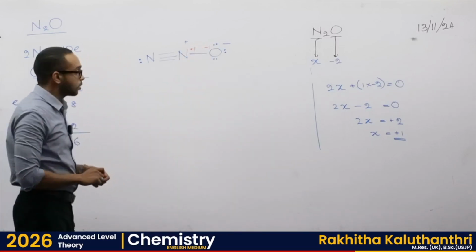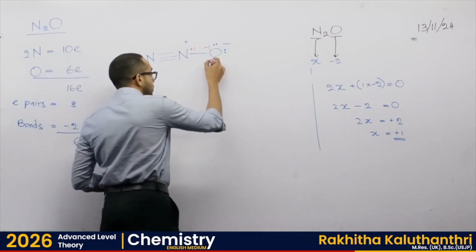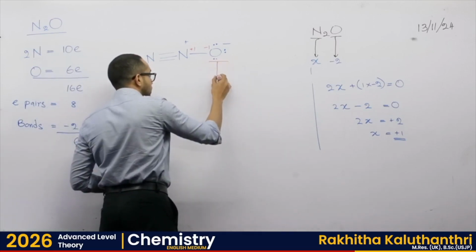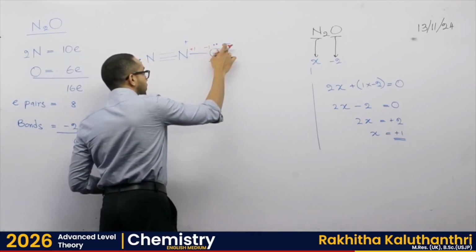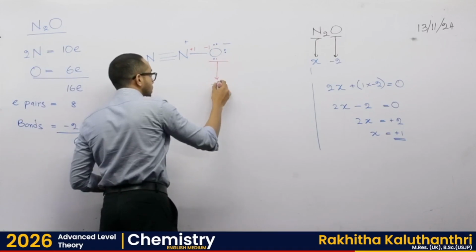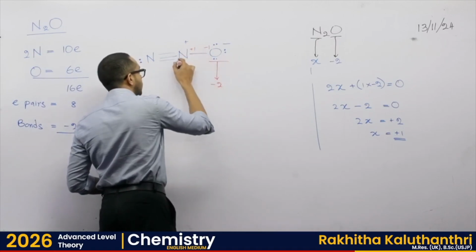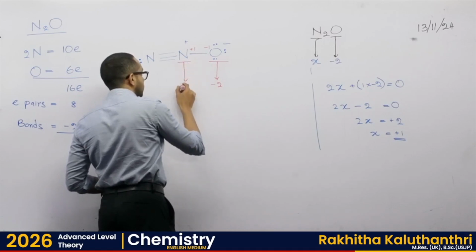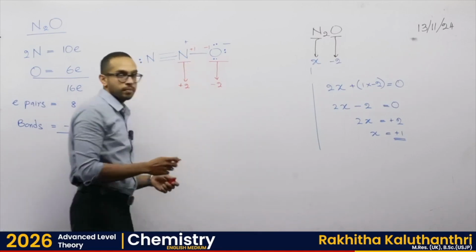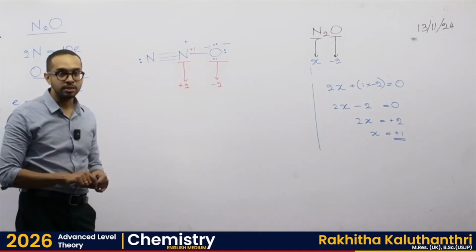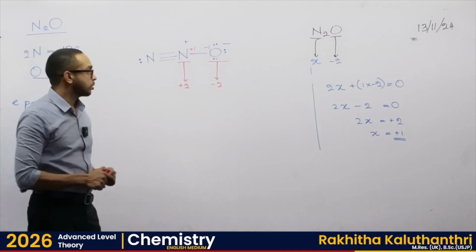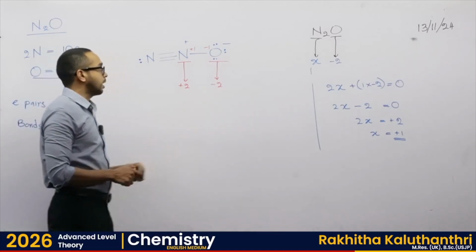Is that clear? So therefore overall charge on oxygen would be -1 here, -1 here, altogether -2. +1 here, +1 here, altogether +2. Is that clear? Do you understand?